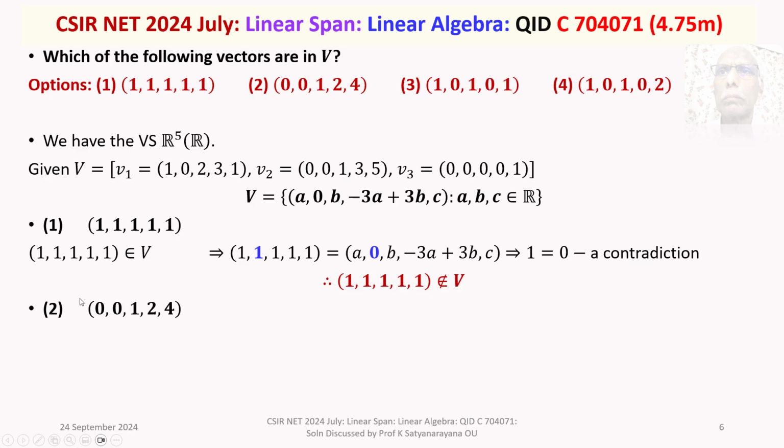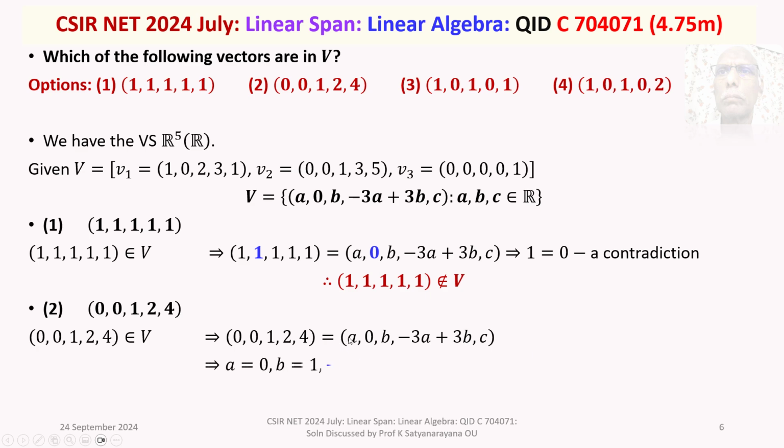Right. Second, (0, 0, 1, 2, 4). Suppose this belongs to V, then (0, 0, 1, 2, 4) is equal to (A, 0, B, minus 3A plus 3B, C). So this implies A is equal to 0, B is equal to 1, minus 3A plus 3B is 2, C is 4. So take this minus 3A plus 3B is 2, where A is 0, B is 1, substitute.